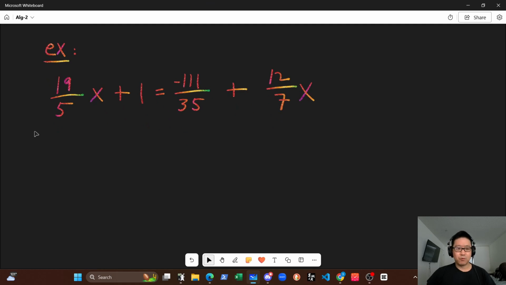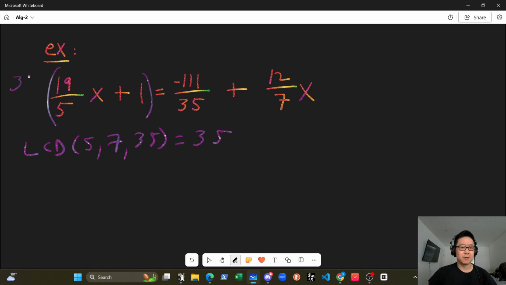We're trying to find the LCD of just the fractions. So the LCD of 5, 7, and 35, well, that's going to be 35. Okay, so let's go ahead and multiply both sides of this equation by 35.